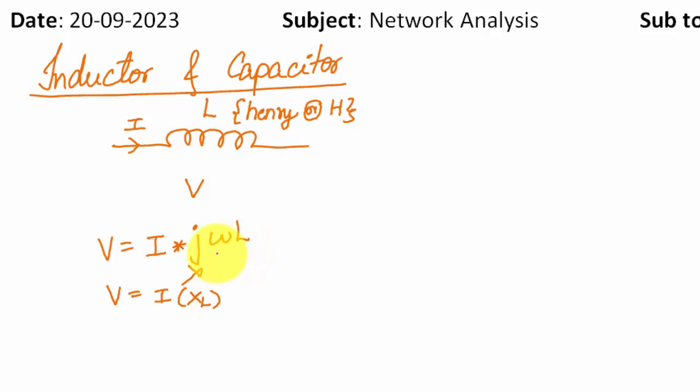Omega is nothing but 2πf. What is the frequency in a DC element? 0. So you are going to get the voltage drop across the inductor as 0.